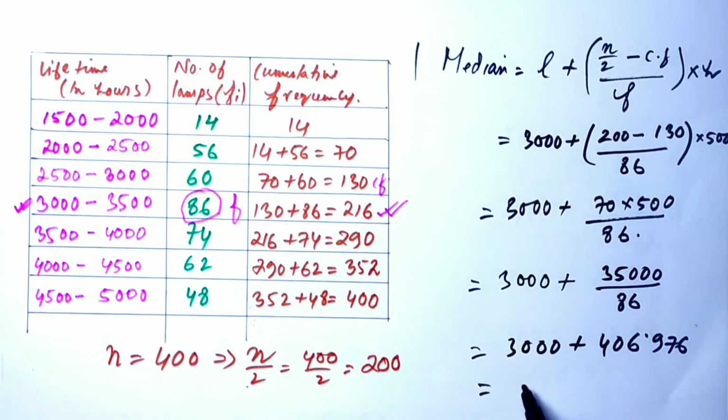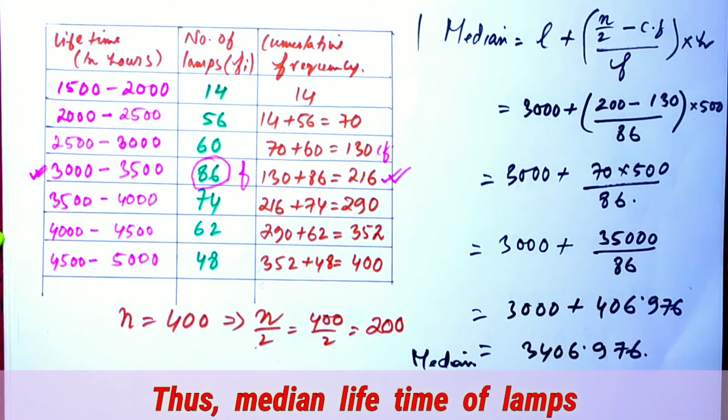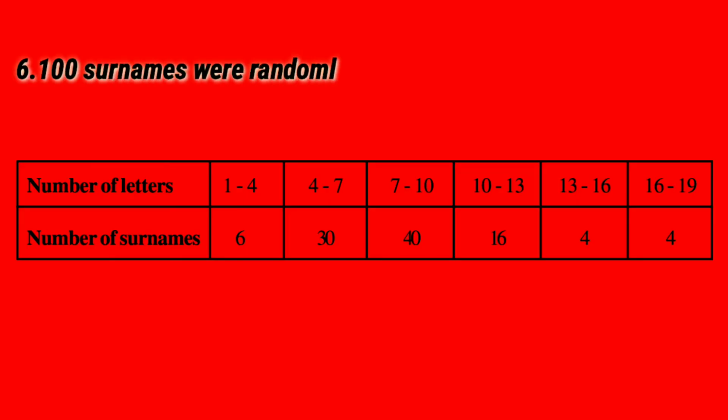After adding, we get 3406.976, which is our median. Therefore, the median lifetime of a lamp is approximately 3406.98 hours, which is our answer.